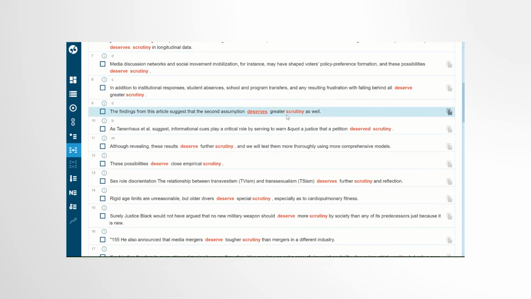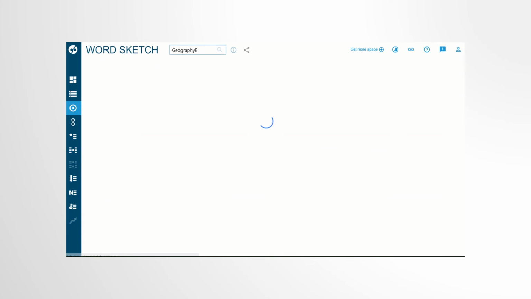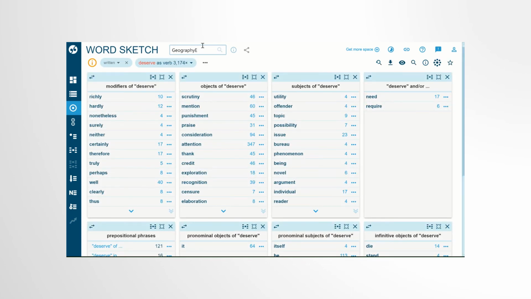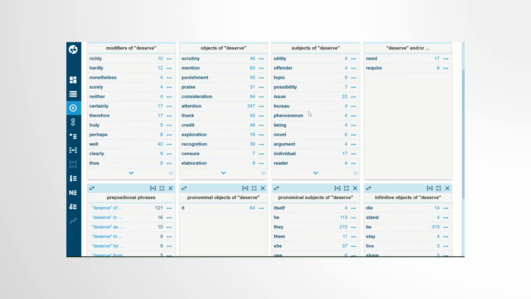Deserves greater scrutiny. This is typical. This might be from the conclusion of a research article. The findings from this article suggest that the second assumption deserves greater scrutiny as well. So scrutiny is probably ruled out as a candidate for our phrase.